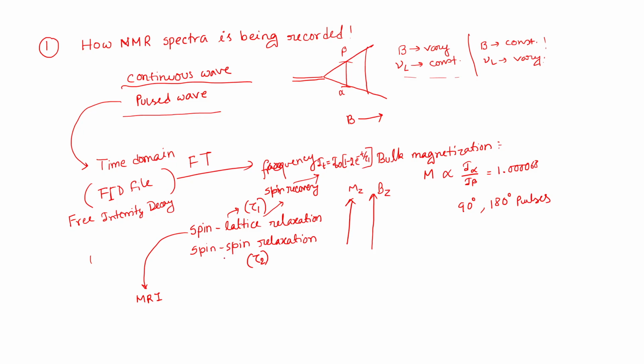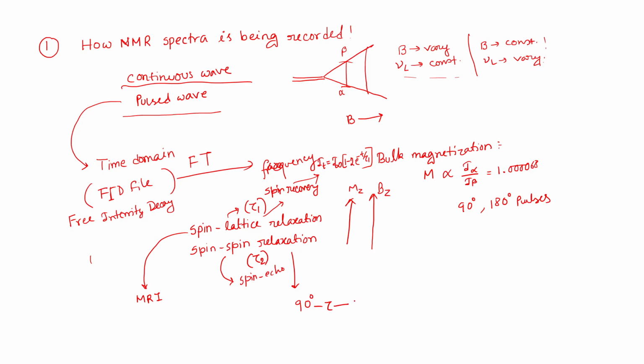And spin relaxation is also known as spin echo, right? This is understood by first giving a 90-degree pulse along the y-axis by a radio frequency. Now you turn that off for some time, tau, for spin relaxation.